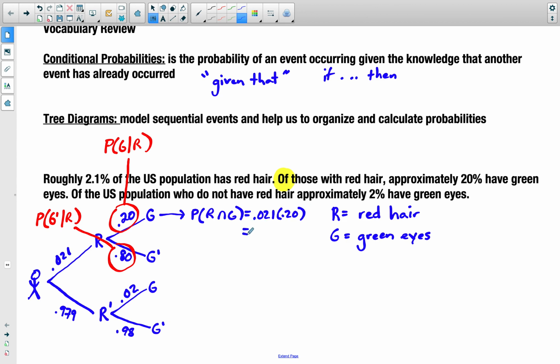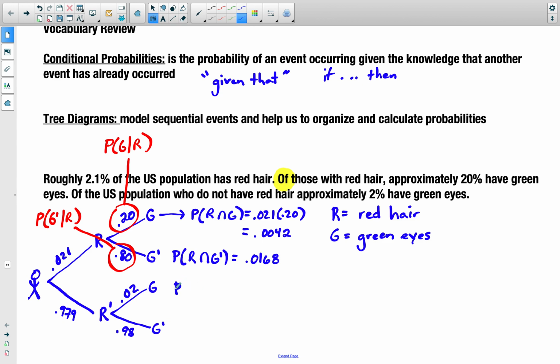And that's going to equal 0.0042. All right. Then I'm going to find the probability that a person has red hair and does not have green eyes. And that's going to be 0.021 times 0.80, which is 0.0168.